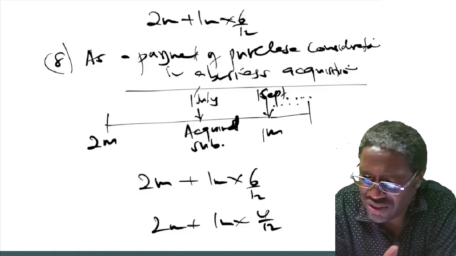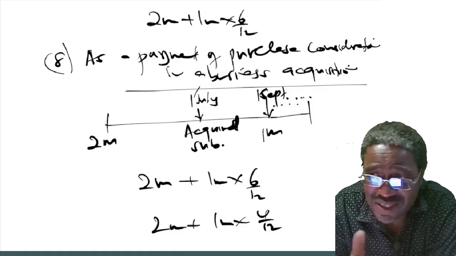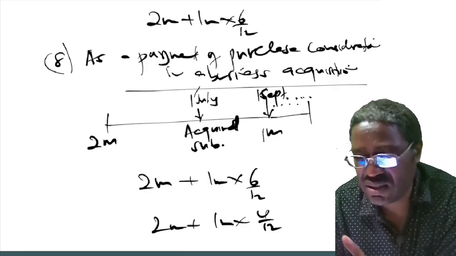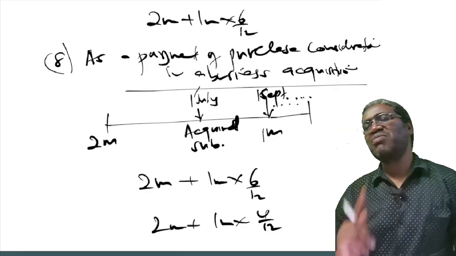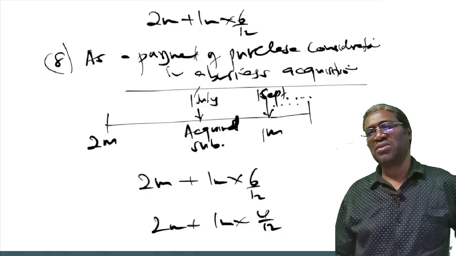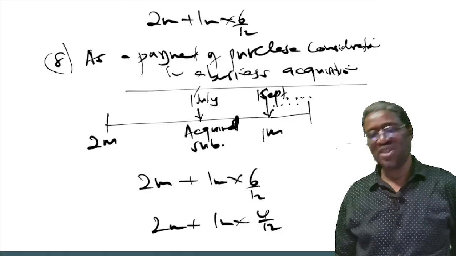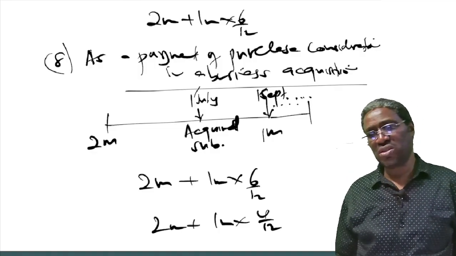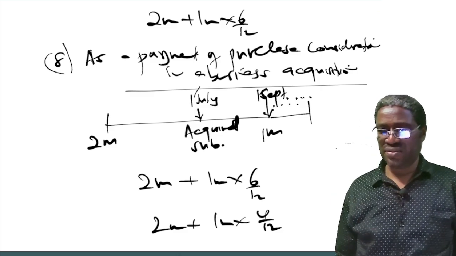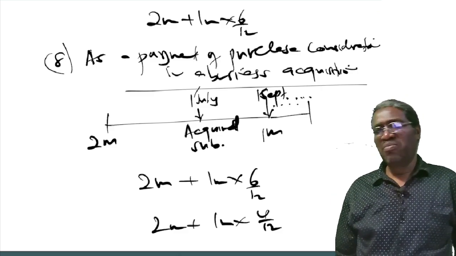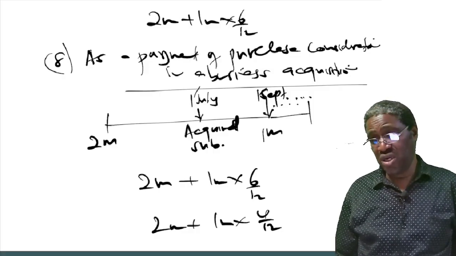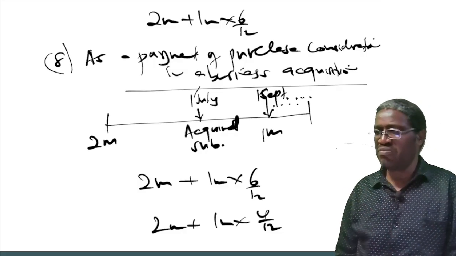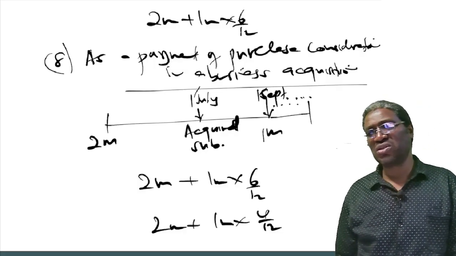I'm not saying you're wrong, and I'm not saying you're right. Some have said July, some are saying September. But I want you to understand this. I acquired my subsidiary company on 1st July this year. We agreed the purchase consideration will be settled by issuing 1 million shares. Me as the holding company, I issued those shares on 1st of September to pay my purchase consideration.